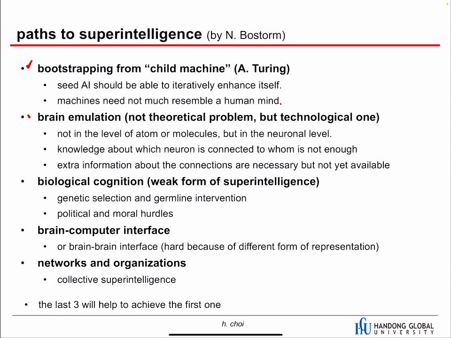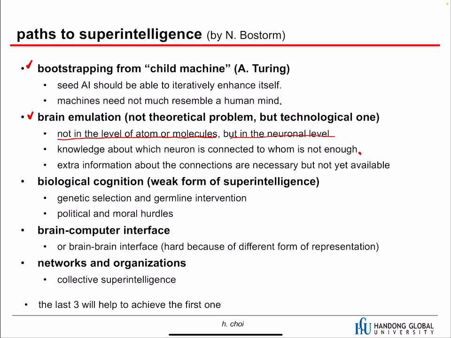Okay, and the next one is brain emulation. Theoretically, there's no problem. We have lots of equations and algorithms to implement our neurons, but practically it's not possible yet. We emulate the brain not at the level of atoms or molecules, but at the neuronal level. Knowledge about which neuron is connected to which neuron is not enough.